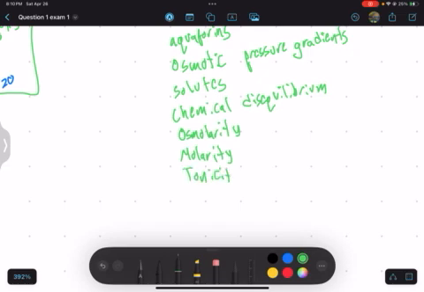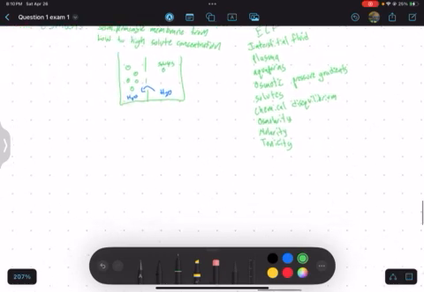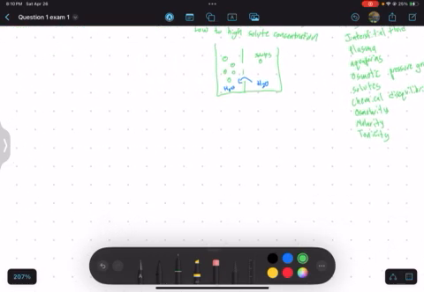And then we're going to have some vocab within each of those. So first I'm going to start out with osmolarity.